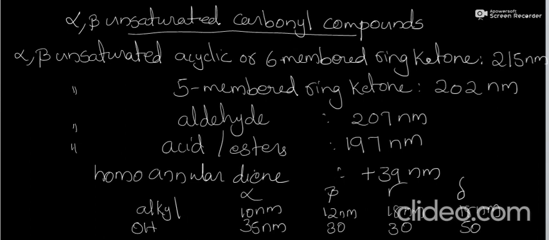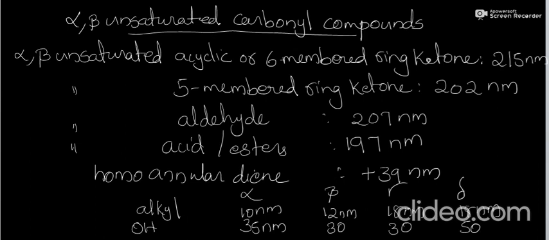So here we consider only pi to pi star transition in the case of calculation of lambda maximum for alpha beta unsaturated carbonyl compounds.